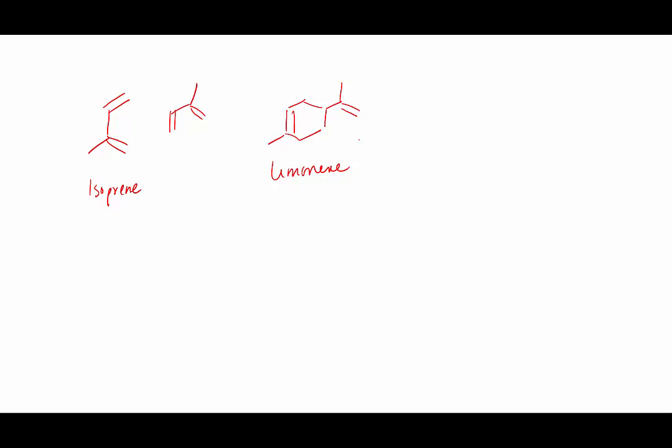But what plants do is take these isoprenes and put them together to form these molecules, which are sometimes called terpenes. The plant can do this with no trouble.